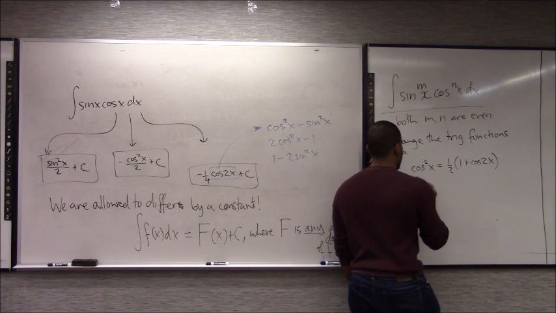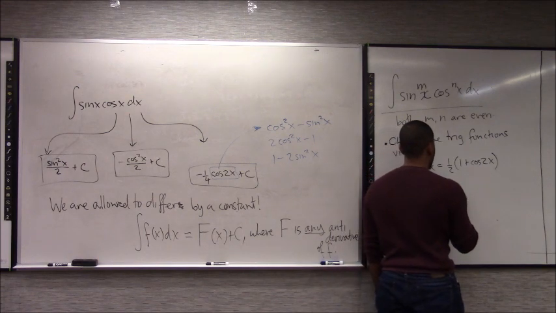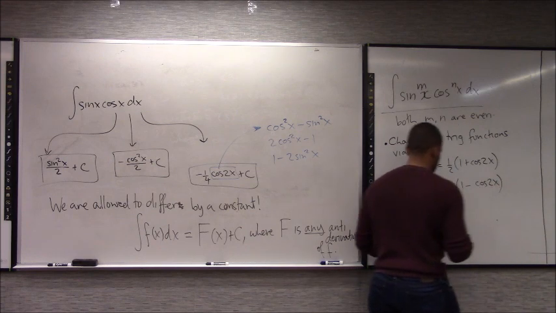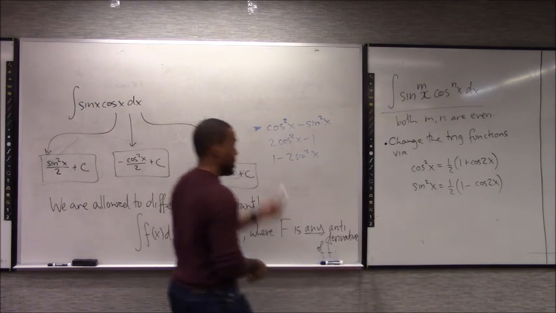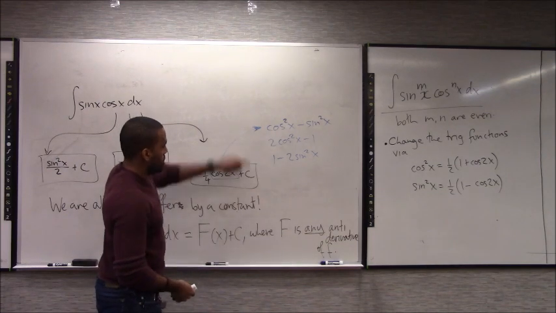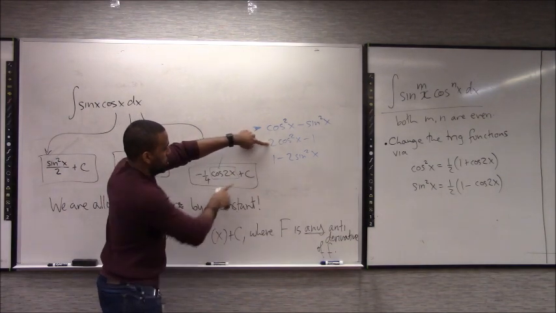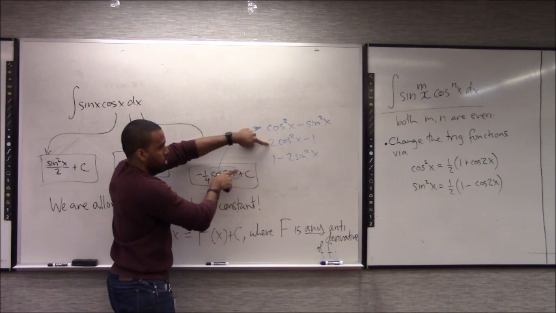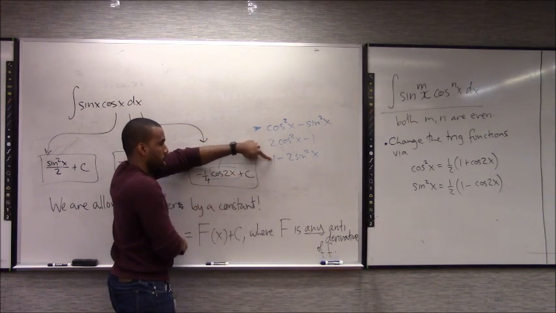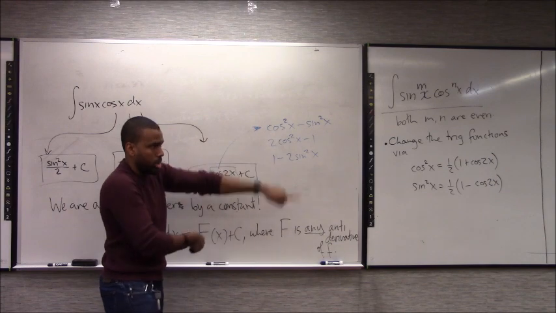And your sine squared of x is actually 1/2 times 1 minus cosine 2x. And that actually comes from this, right? Cosine 2x equals that. Using the second equation, this equals that, I can solve for cosine squared, I would get this. Using this equation, setting this equal to that, I can solve for sine squared, and I would get that.